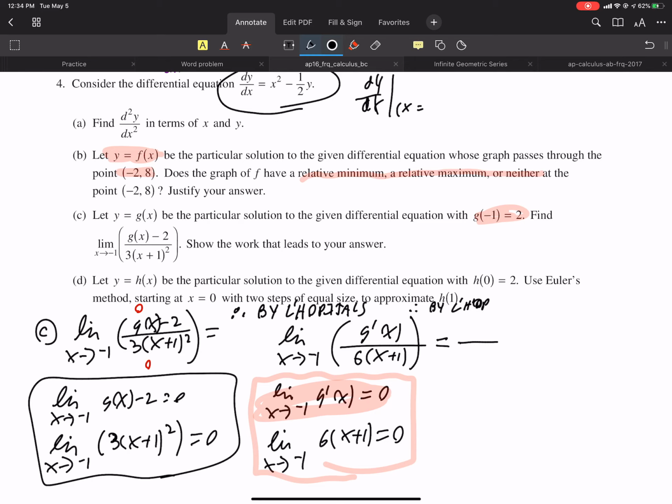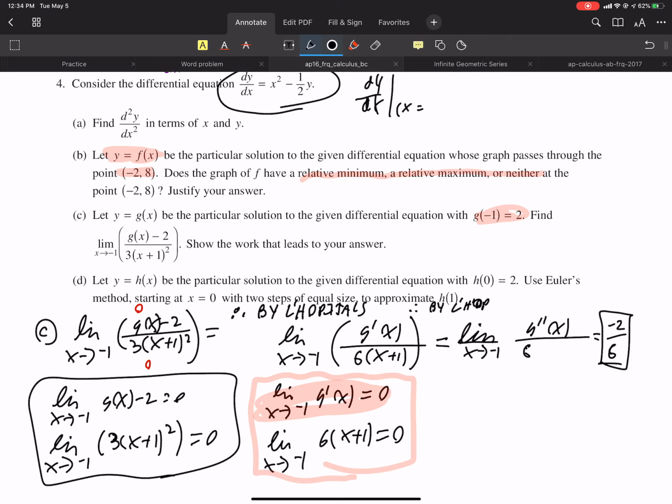We're going to have the limit as x approaches -1 of g double prime of x over 6, yeah, just 6. And the top part, g double prime, they say is -2, and that's our answer.